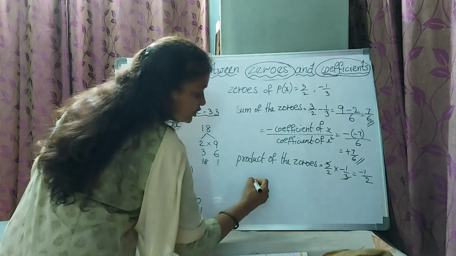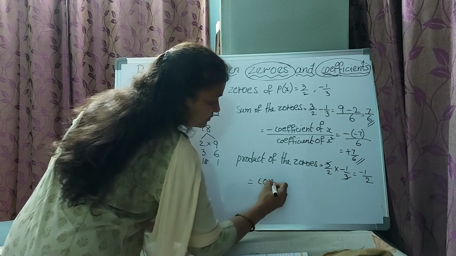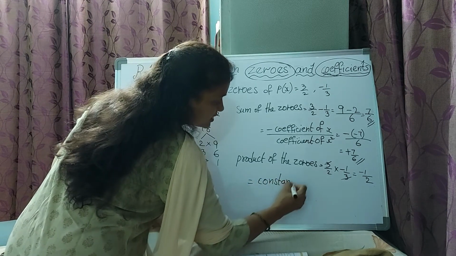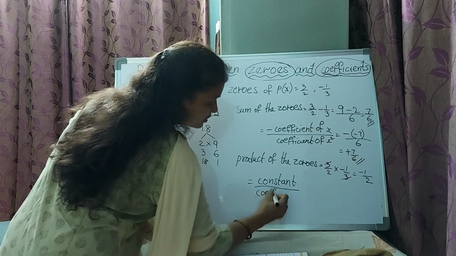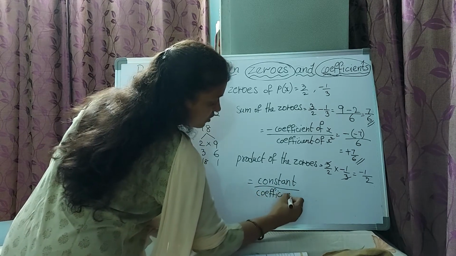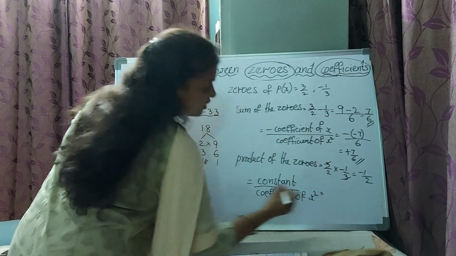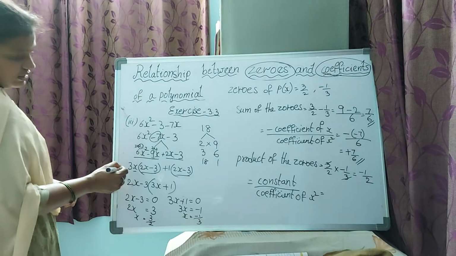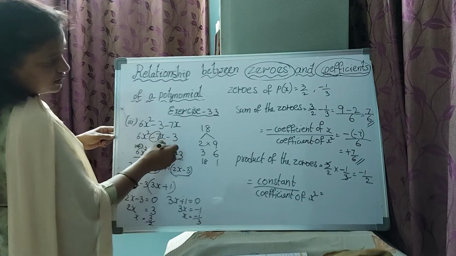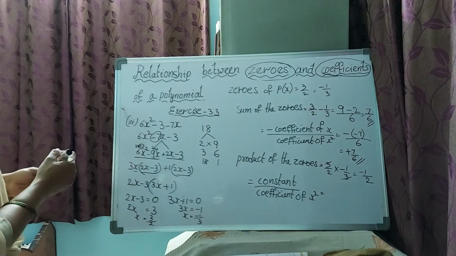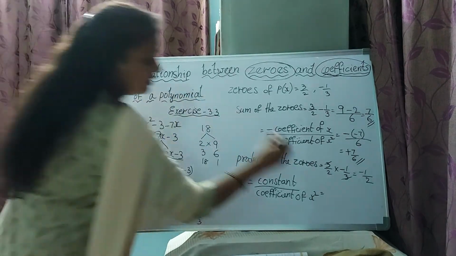Now we'll see according to our coefficient method. The constant term by the coefficient of x square. What is the constant term? The constant term is minus 3.